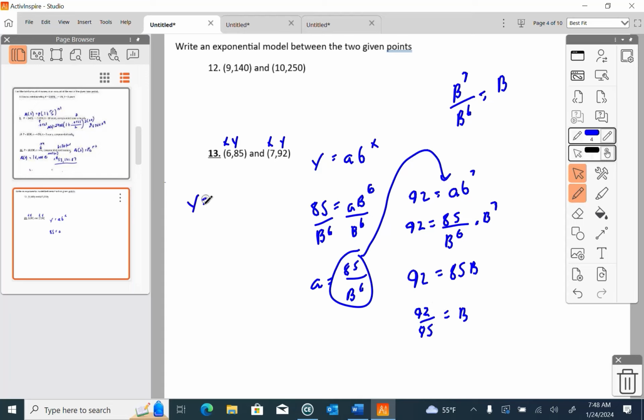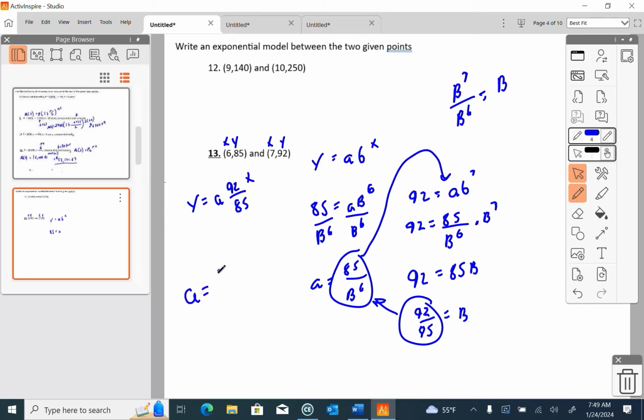So let's go back to the original equation here. I now have b. B is 92 over 85. And now that I know what b is, I can actually solve for a. I'll probably need a calculator for this, but I'm going to put this right there.